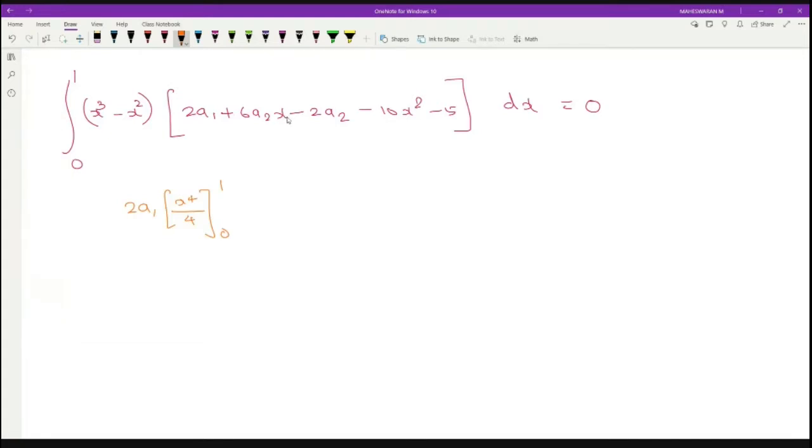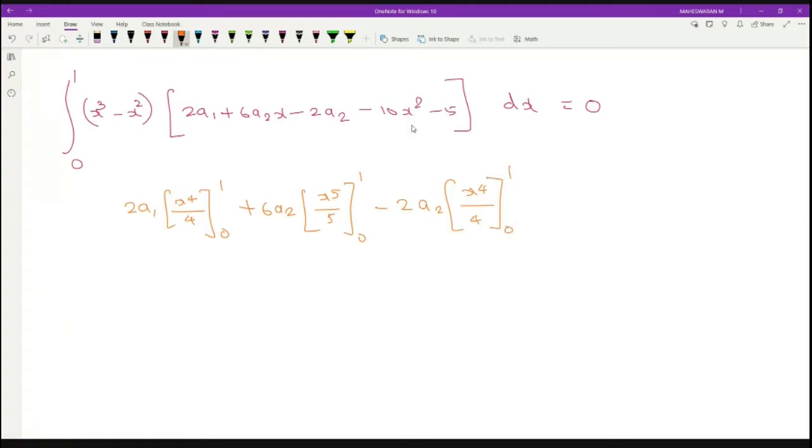Integrate it, x power 5. So plus 6a2 x power 5 by 5. Limit is 0 to 1. Multiply it, x cube integrate x power 4. So minus 2a2 x power 4 by 4 under the limit 0 to 1.